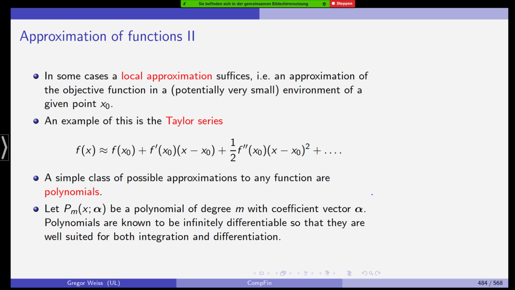The Taylor series is given by f of x0 plus the first derivative at x0 times x minus x0, and so on. This is the Taylor polynomial. And you can see on the right hand side you have polynomials. So regardless of what f looks like on the left hand side, it's substituted with a Taylor polynomial series.